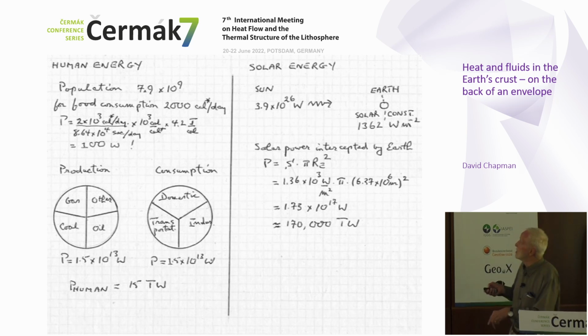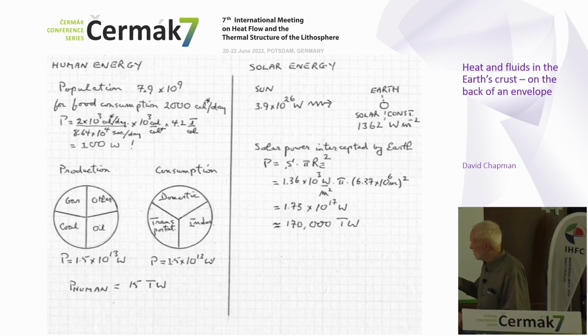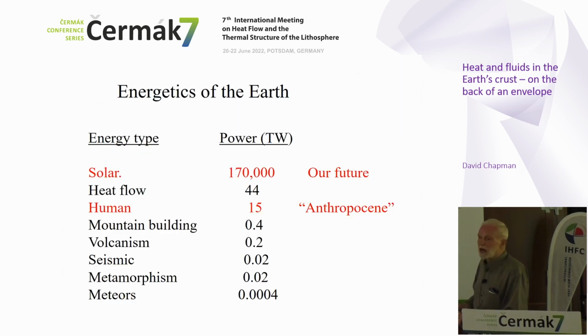And then solar is the big one. So we have a nuclear power plant in the sun, but when you get solar energy at 1 Earth distance, it's about 1,000 watts per square meter. That's the solar constant. And if you take how much is intercepted by the world, it's 170,000 terawatts. So putting those back in the table, we have these two additions, and we certainly get a justification for using the term Anthropocene.